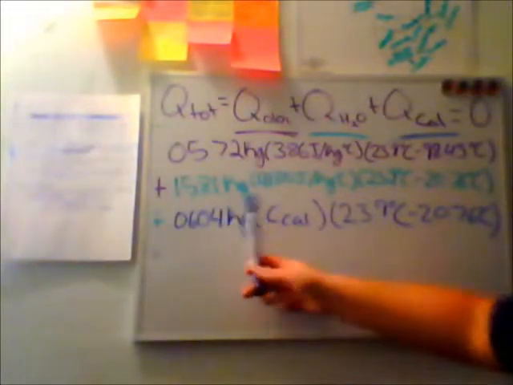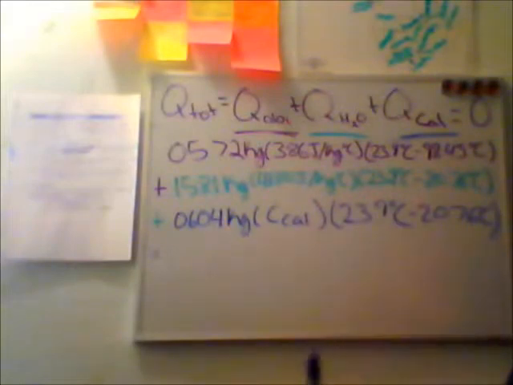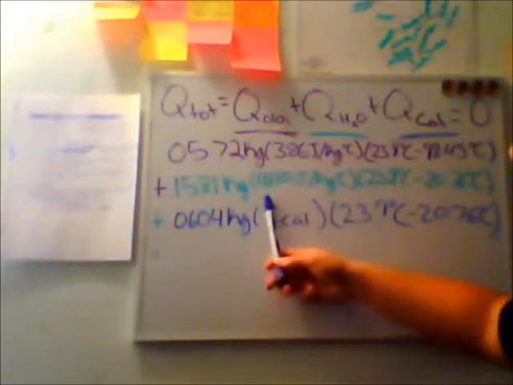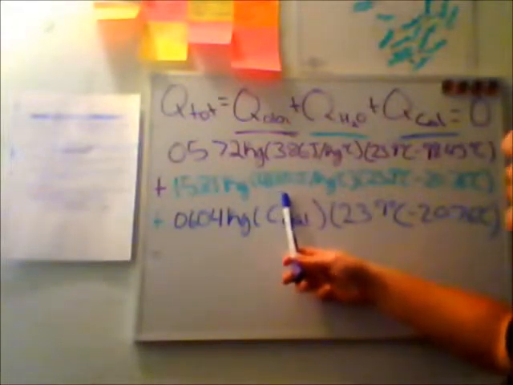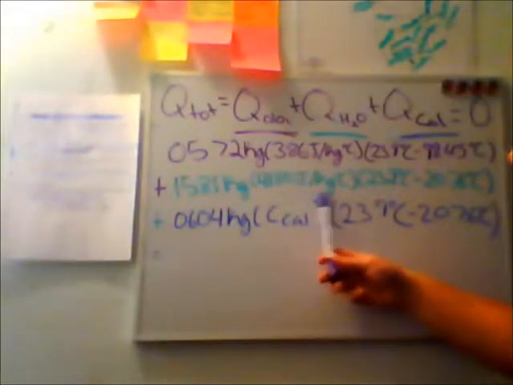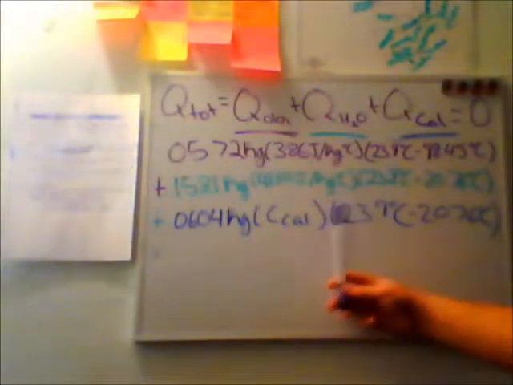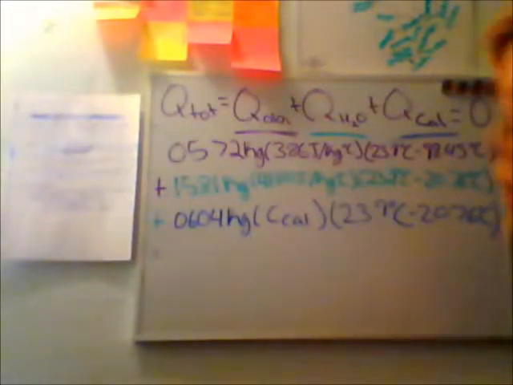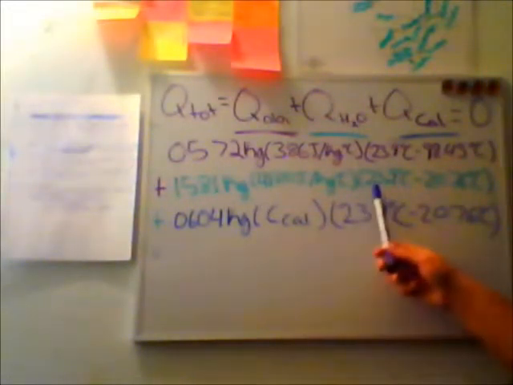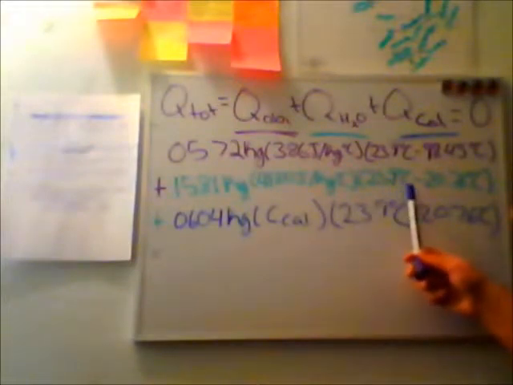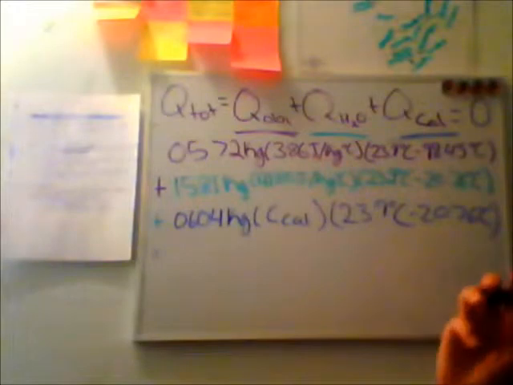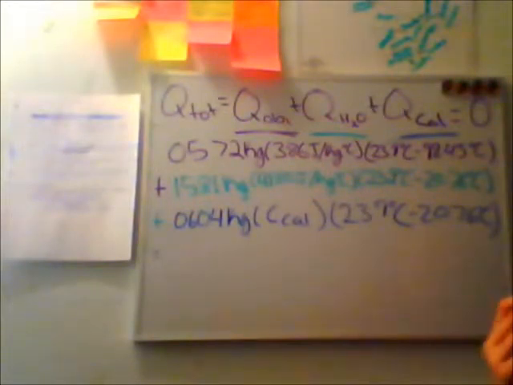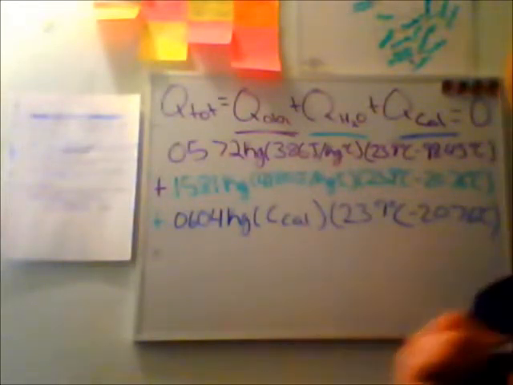And then we add to that 0.1581 kilograms, the mass of the water in the calorimeter cup, times 4,180 joules per kilogram degree Celsius, which is the very, very high specific heat of water, times 23.9 degrees Celsius minus 20.76 degrees Celsius, which is delta T for the water in the calorimeter cup.